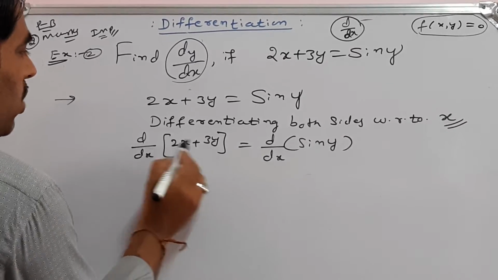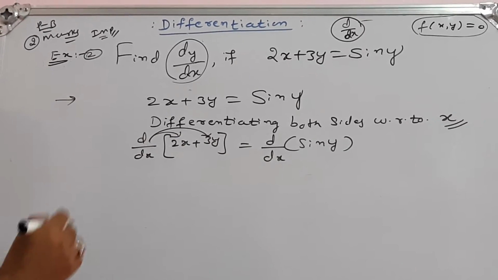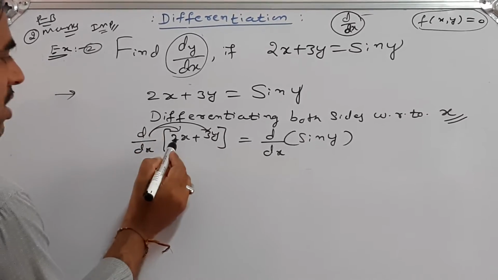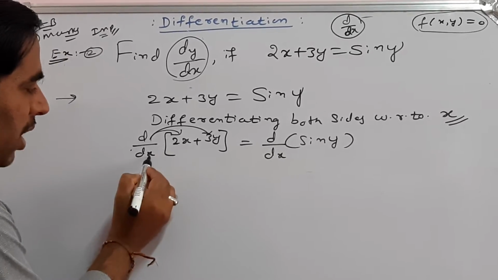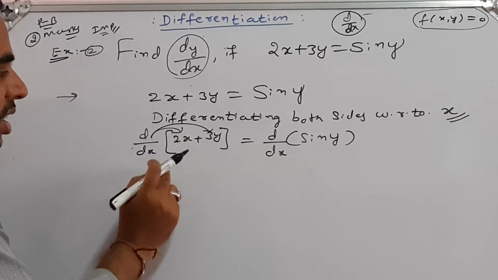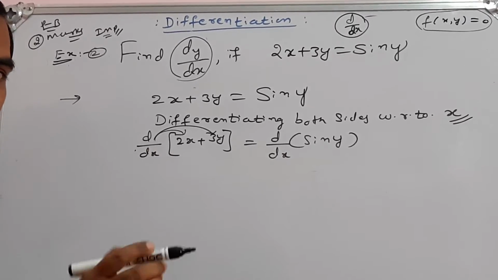Derivative of 2x plus 3y. I have to apply the differential operator on both the terms. Derivative of 2x means 2 comes outside the differential operator, a basic rule. Then derivative of x with respect to x is 1. So 2 into 1 is 2. You can write it directly as 2, as I showed in the previous example.